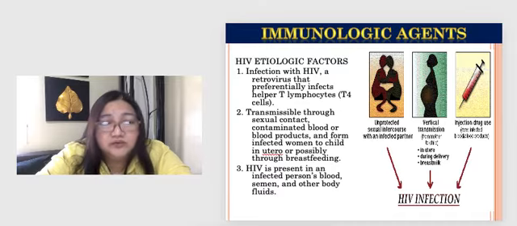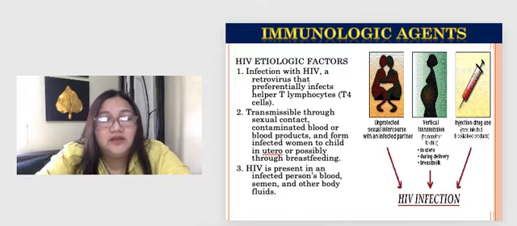Hanggang sa unti-unti, lahat ng immune cells ma-destroy na niya. Kung lahat ng immune cells mo ay halos na-destroy na nung HIV, wala ka nang effective or functioning na immune system kasi unti-unti na niyang inubos, that's when you develop AIDS.